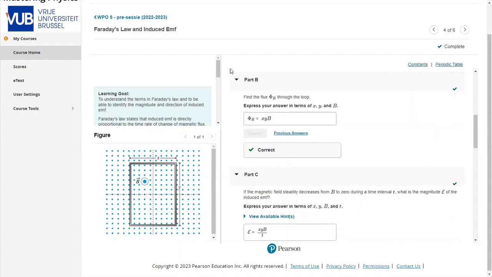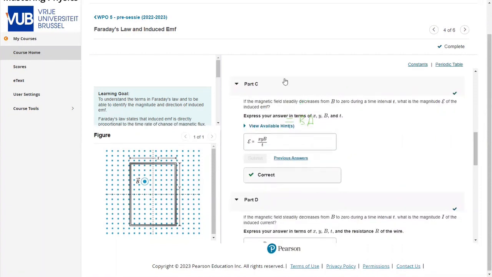Everyone has to know that the flux is B times the area. The area of the rectangle is just x times y, so the flux is x times y times B. Then for the EMF in volts, the flux divided by the time is equal to your EMF, in voltage. Don't forget that.